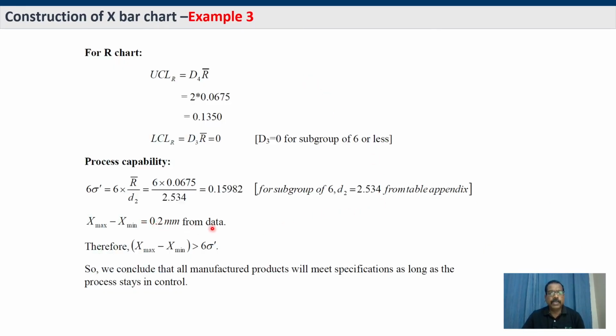So 0.2 millimeter is the difference, from the original data which is given or expected from the production. So the original dimension needed is set with that 0.2. This is the expected one.